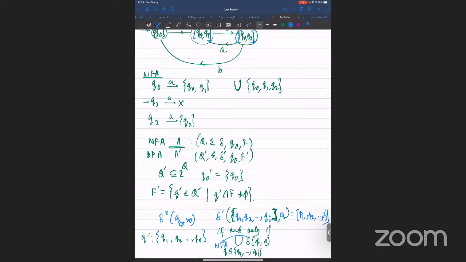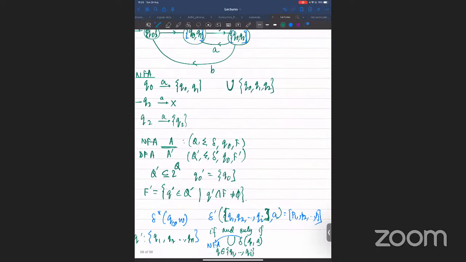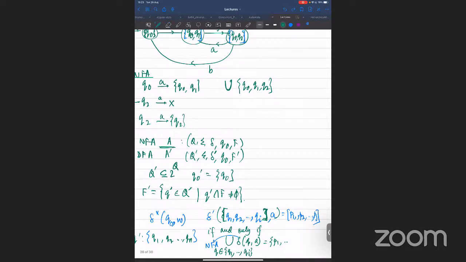So in terms of the transition of the NFA, I'm defining the transition of the DFA.